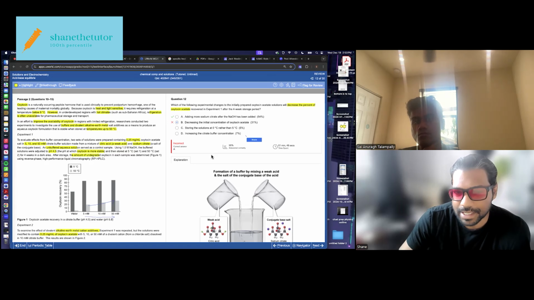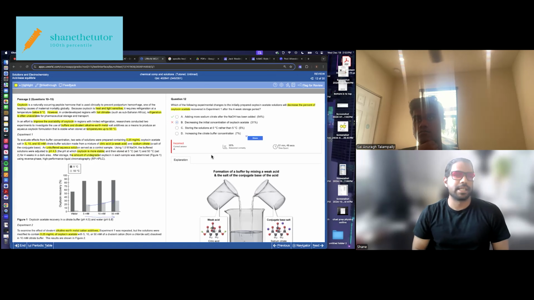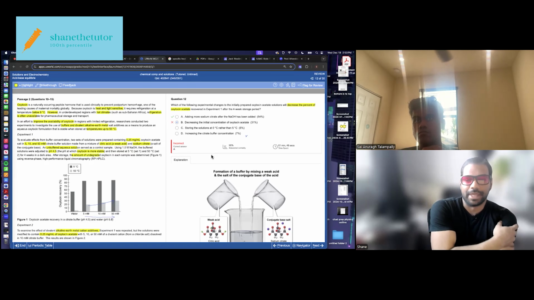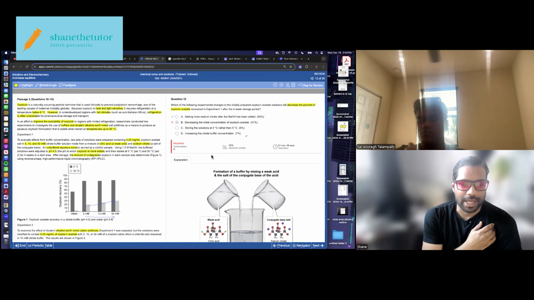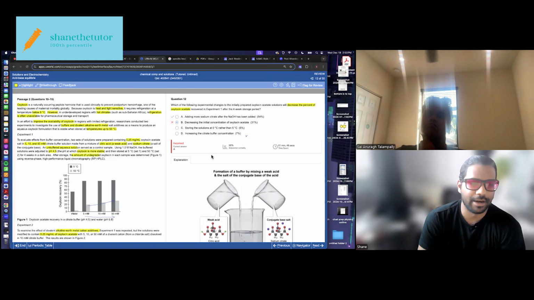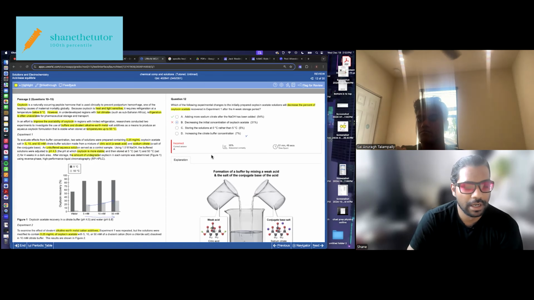Okay, D is out. C says storing the solutions at 0°C rather than 5°C. I'm thinking of two things here. If you reduce the temperature, you should have a higher amount recovered.